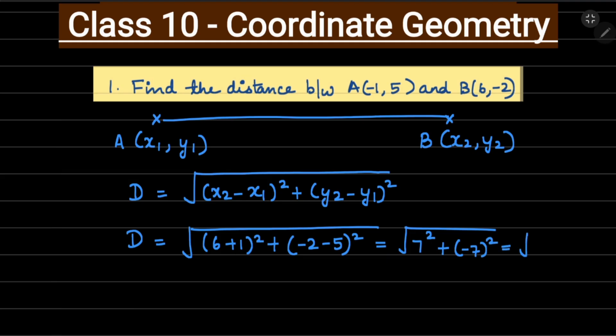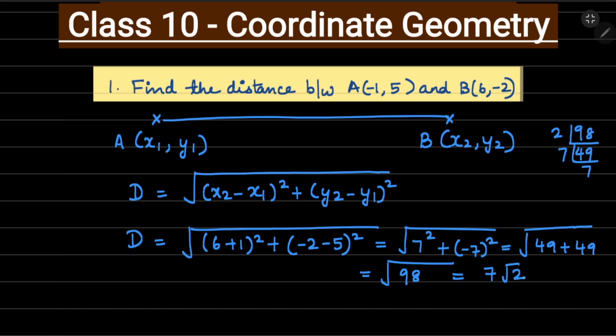Okay, so this is nothing but square root of 49 plus 49, which is root of 98, right? If you do the prime factorization of 98, you have 2 sevens are 14, 7 sevens are 49. So this is nothing but 7 root 2, and you have to write units because it's a distance between 2 points.